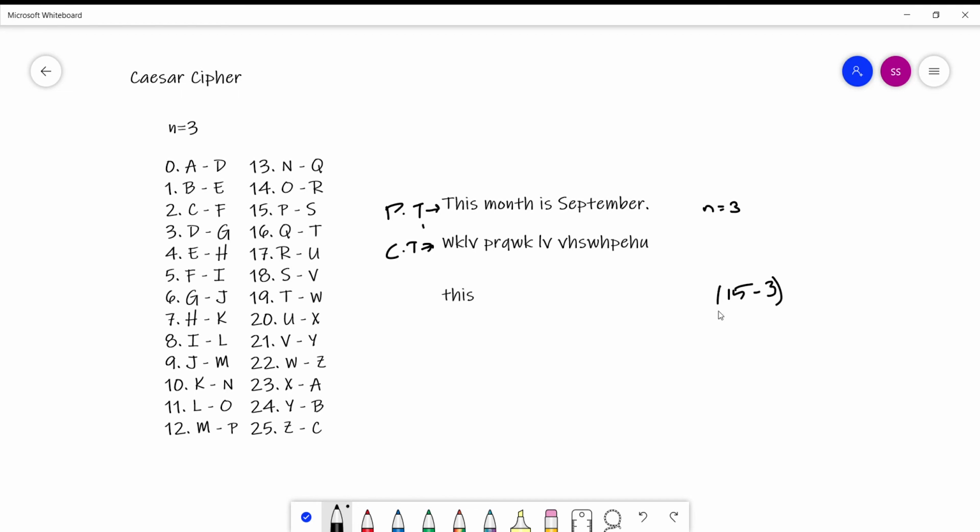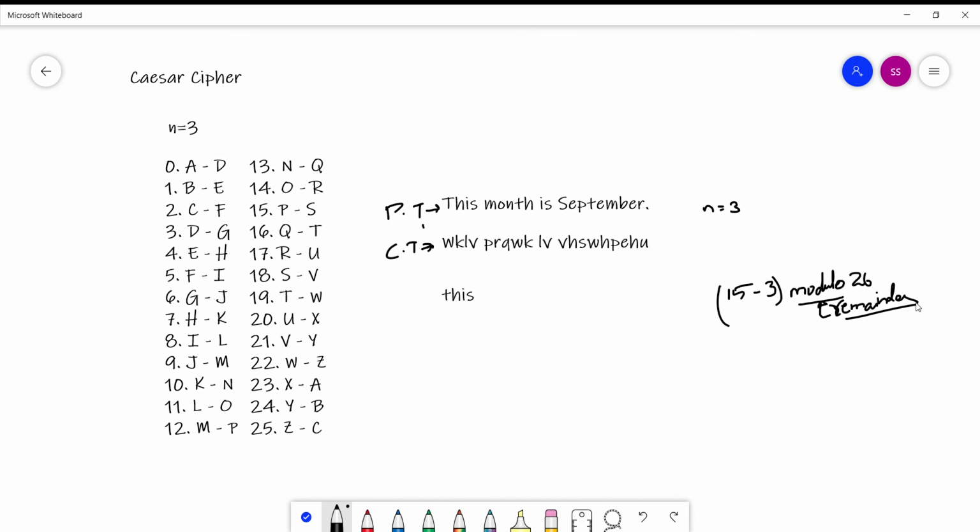I will take modulo 26. Modulo 26, modulo means the remainder when you divide that by 26. Okay, remainder. Modulo is nothing but just remainder.